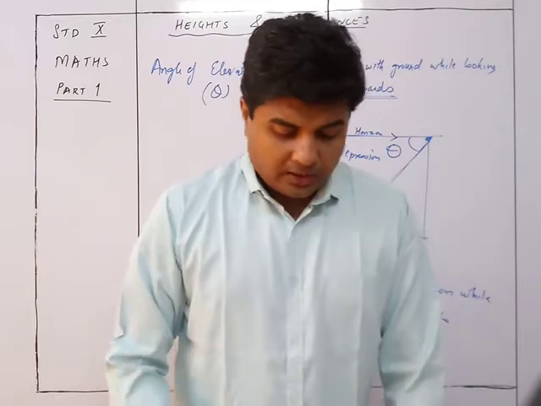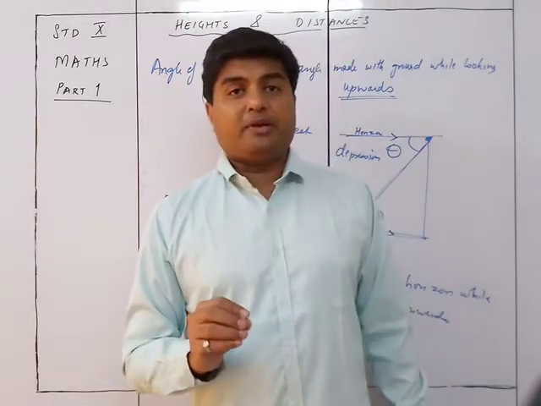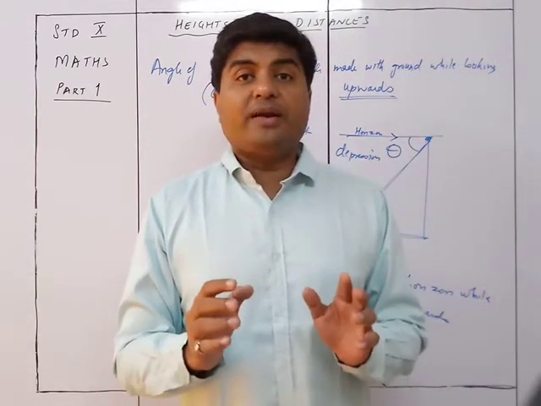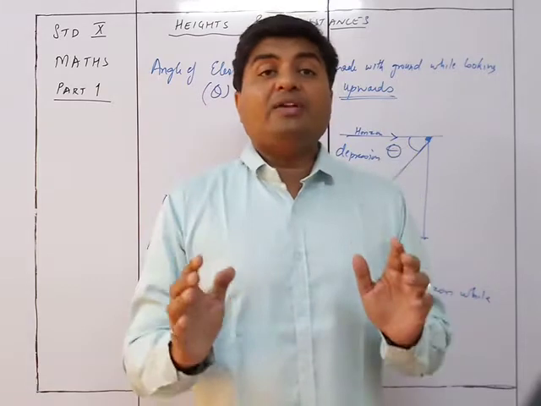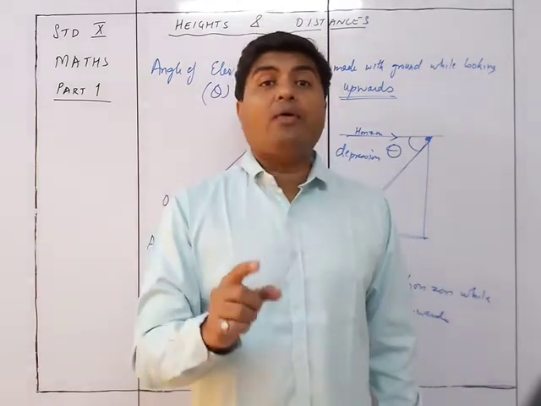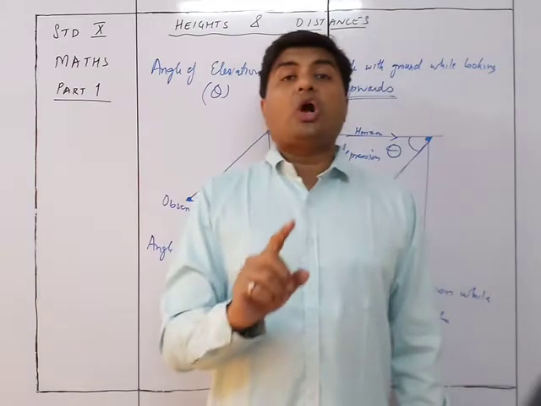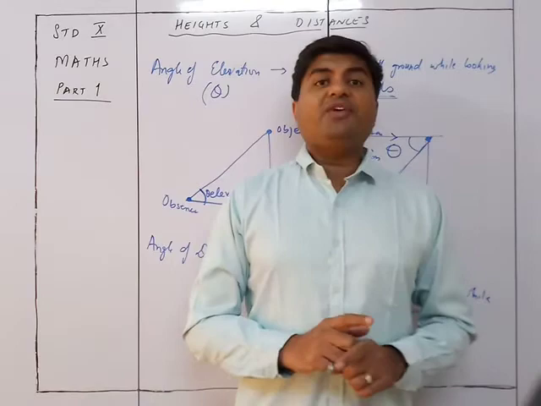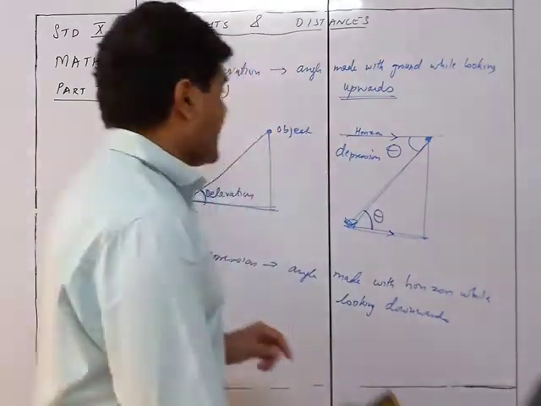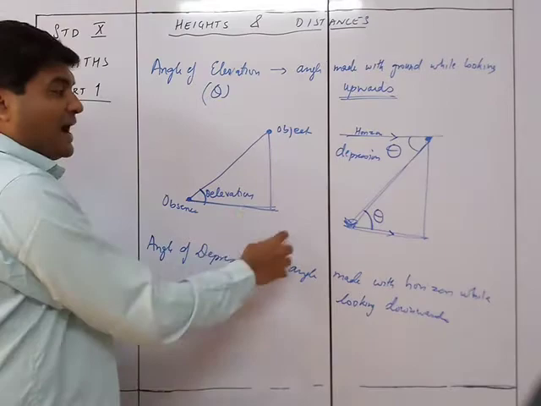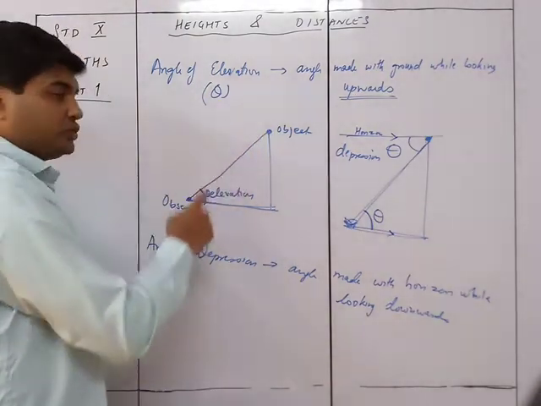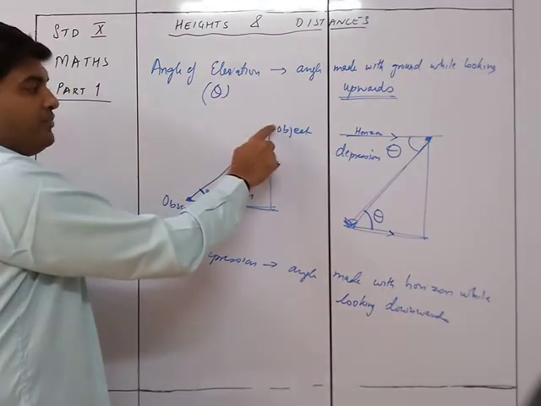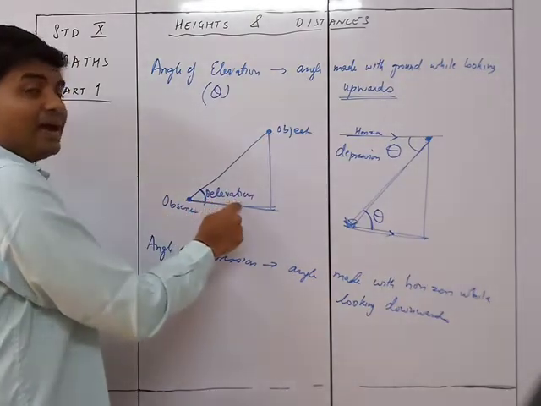So the most important thing in this chapter is to understand the question. First of all, you must understand the question. And once you understand it, it is compulsory to draw a diagram to represent that condition. Like if it is given that a person is standing in front of a tower and looking upwards, you have to draw this figure showing the person looking upwards at the object on top of a tower, and this is the angle being made over here.